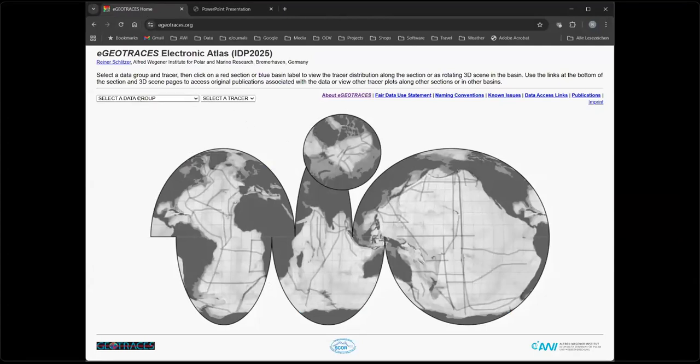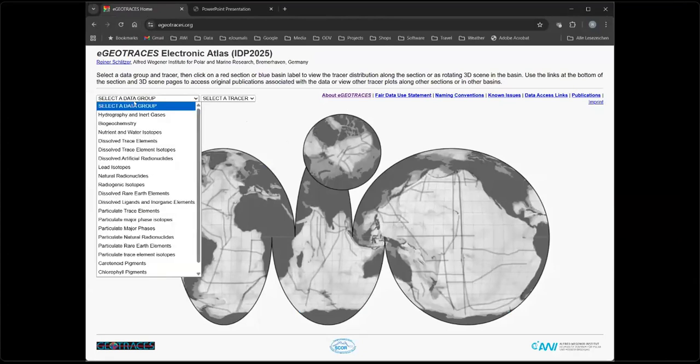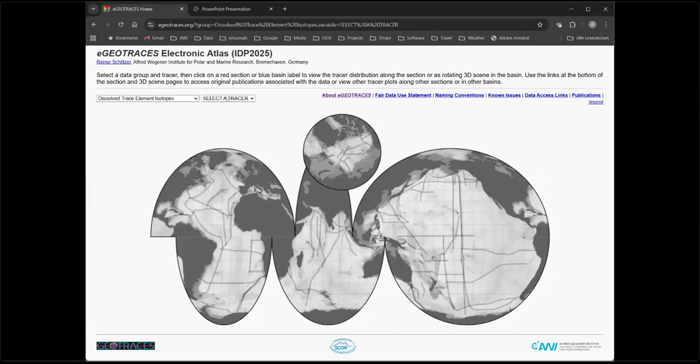So the first step, you select your favorite parameters in 2 steps. First, the group. And for demonstration purposes, I will do dissolved trace element isotopes. Then in the second group, you have the list of available parameters under this group heading.